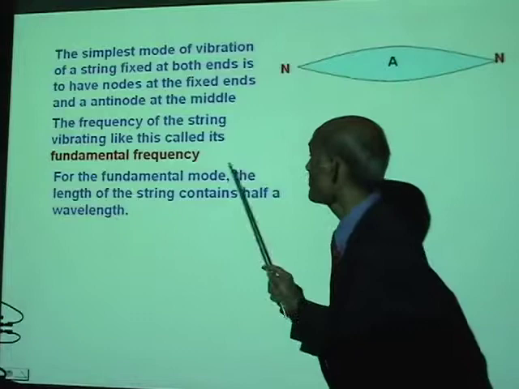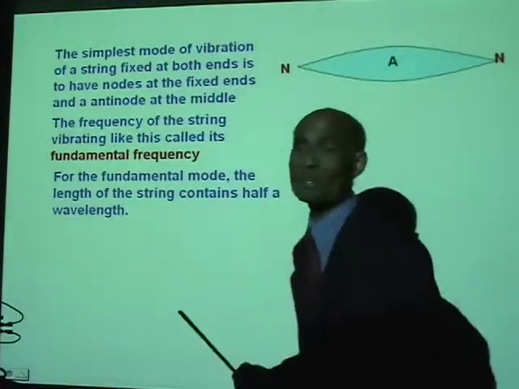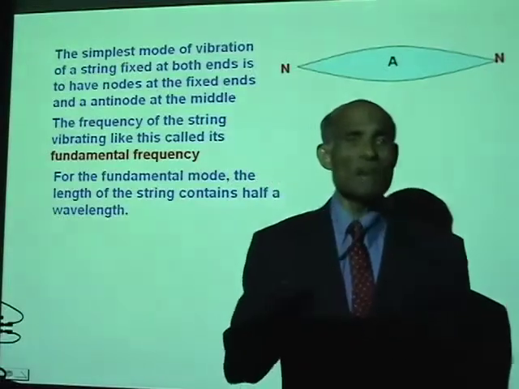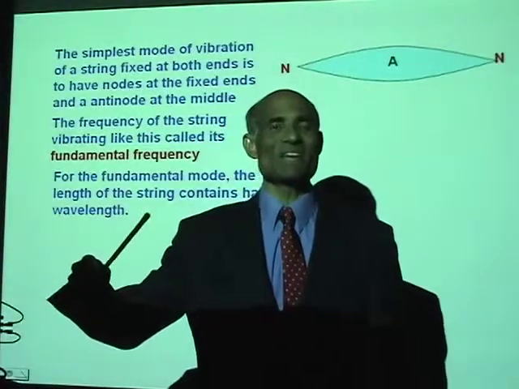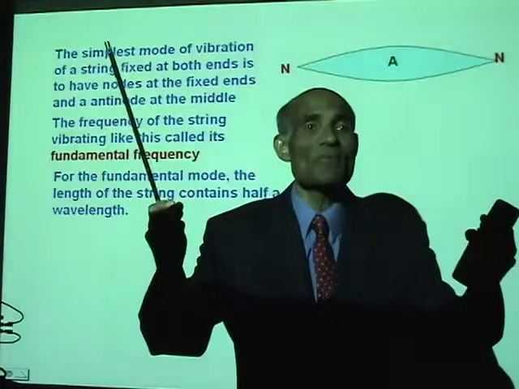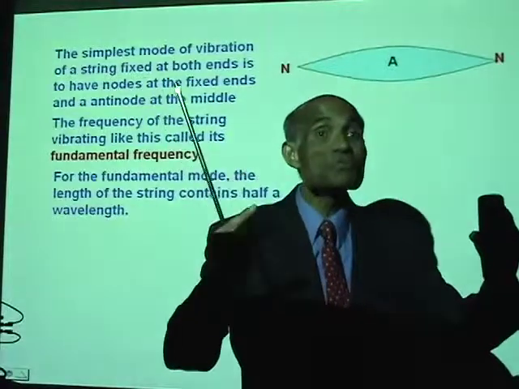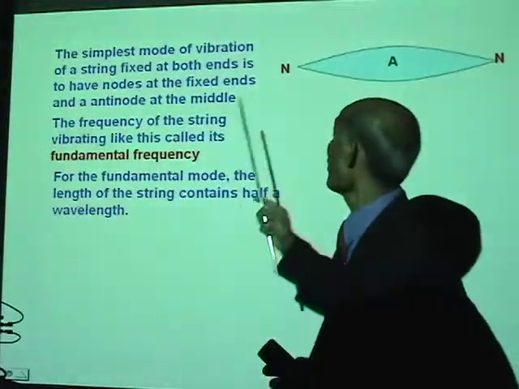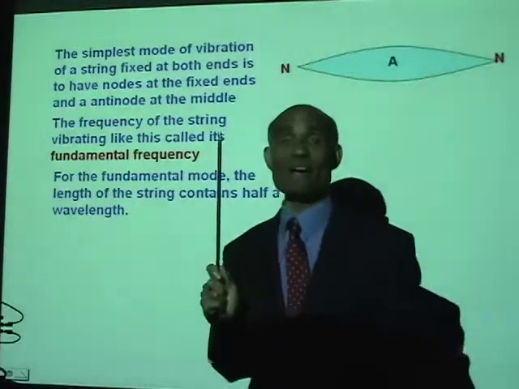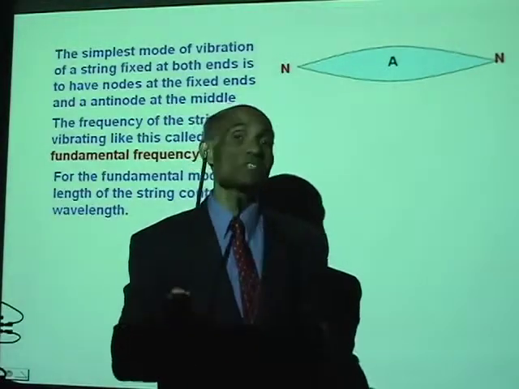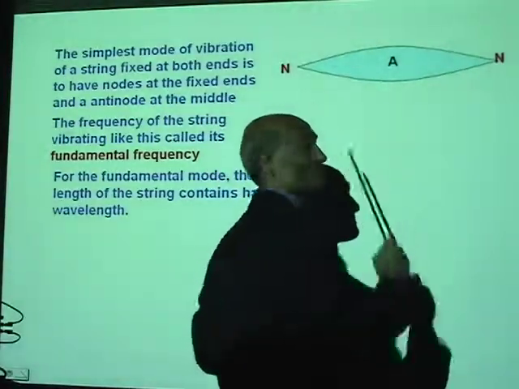Now, for the fundamental mode, the length of the string contains, let me ask you, you now know what wavelength of a stationary wave is. Now, how many loops are there in one full wave? There are 2 loops. Therefore, what is the wavelength of this fundamental mode of vibration? You see, the fundamental mode contains only 1 loop.